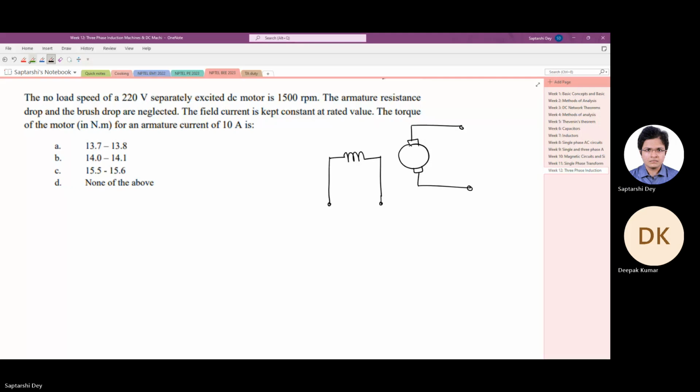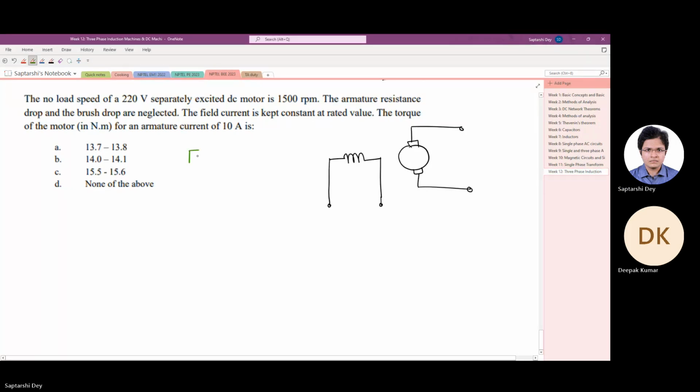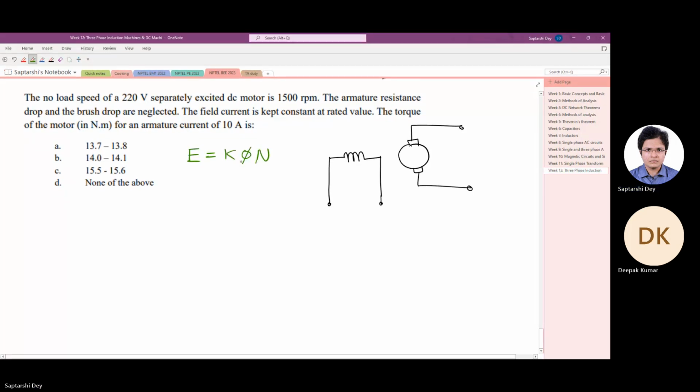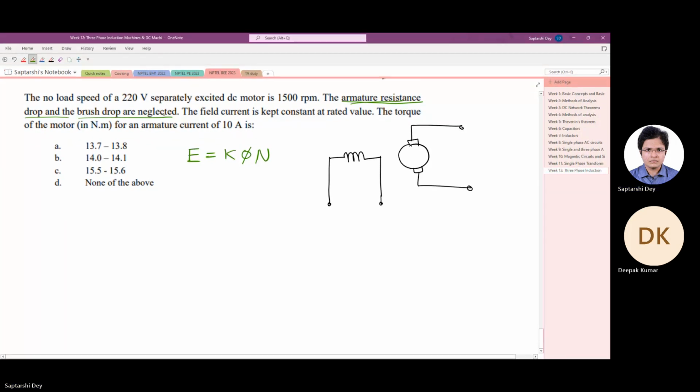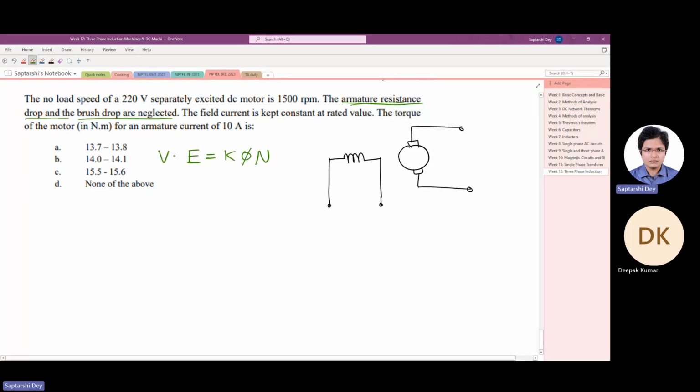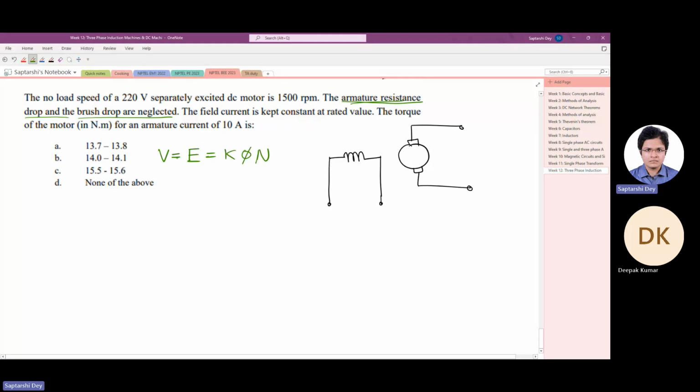So E is K phi n. They are saying armature resistance drop and brush drop are neglected. So if armature resistance drop is neglected, then V becomes E. Not a very practical assumption though, but anyway.